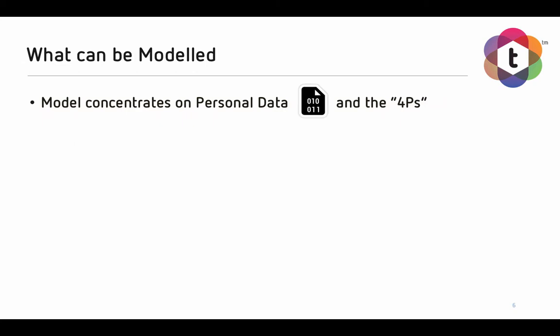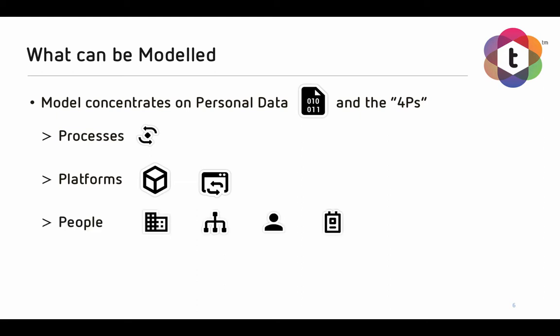In Privacy Lens, it concentrates on personal data and what we term the 4 Ps. By this we mean processes, the business processes that are making use, either reading, writing personal data. Platforms, which can be both data servers, cloud-based services, databases, as well as good old-fashioned physical items like filing cabinets.